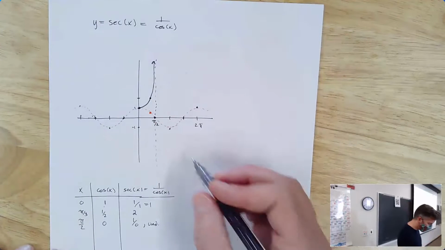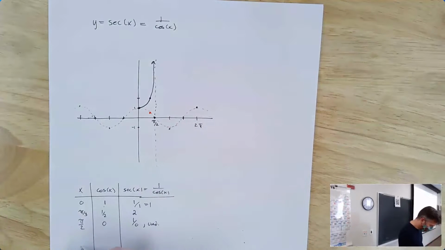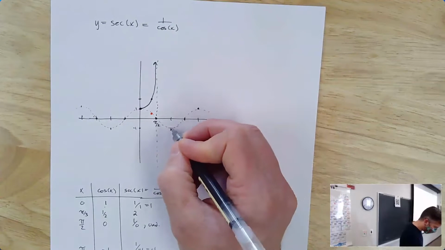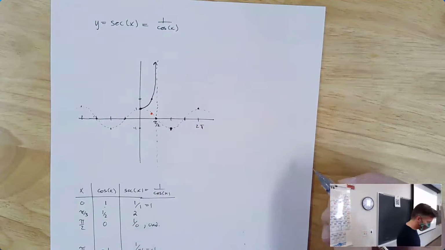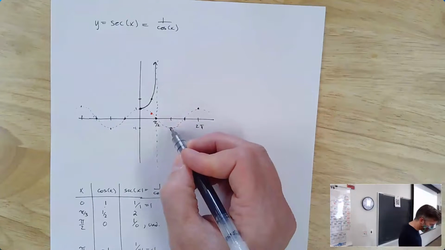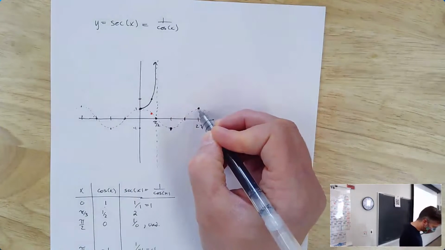And then you can do the same thing down here. If cosine of pi is equal to -1, then secant is 1 over -1, which is also -1. So they actually touch at those points. The cosine graph and the secant graph touch here, and here, and here, and here.